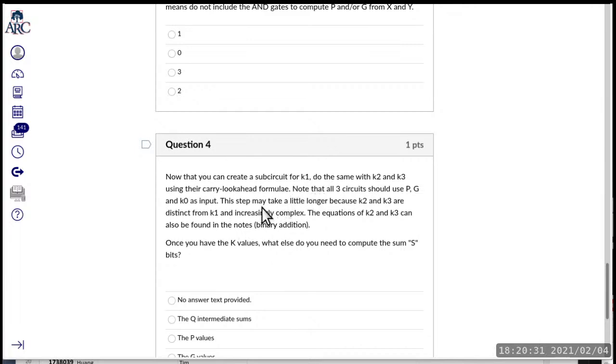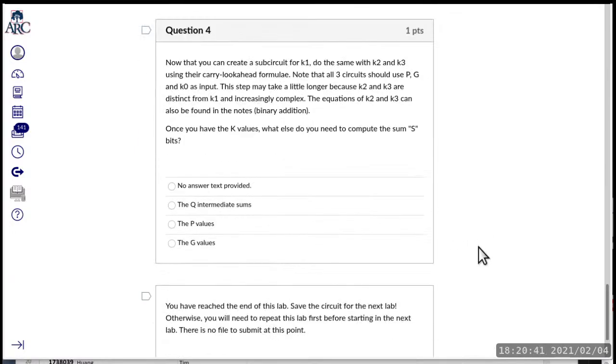Note that all 3 circuits have P, G, and K0 as input. And once you have the K values, what else do you need to compute the sum bits? To answer that question, you have to go back to the notes because you have to know how the sum bits are defined. And I'm not going to give you the answer, because if I just give you the answer, you're not going to remember that.